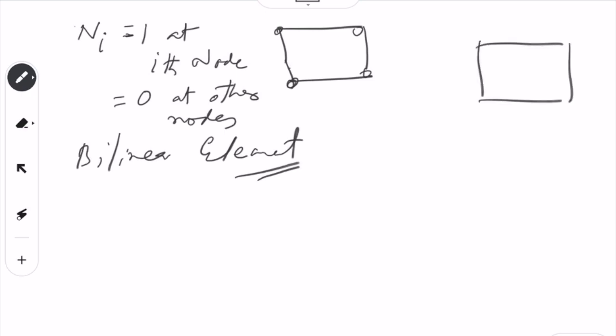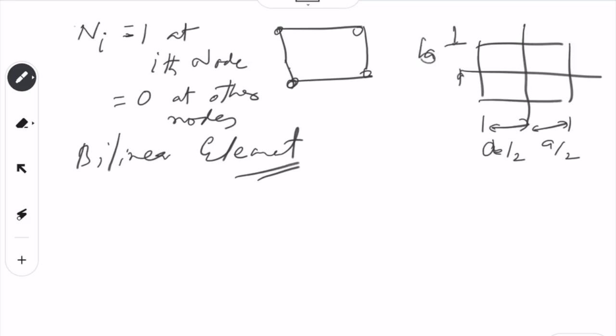So, we have the distance from here to here is a over 2, and then again from here to here you have a over 2, and here to here b over 2 and b over 2. Okay. So, now let us build n1.